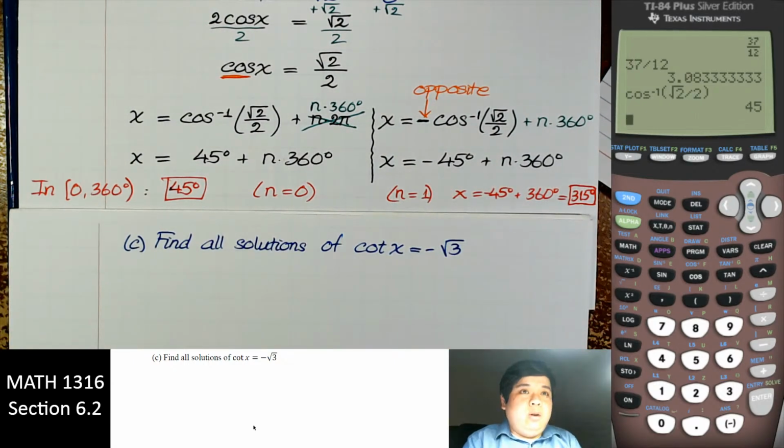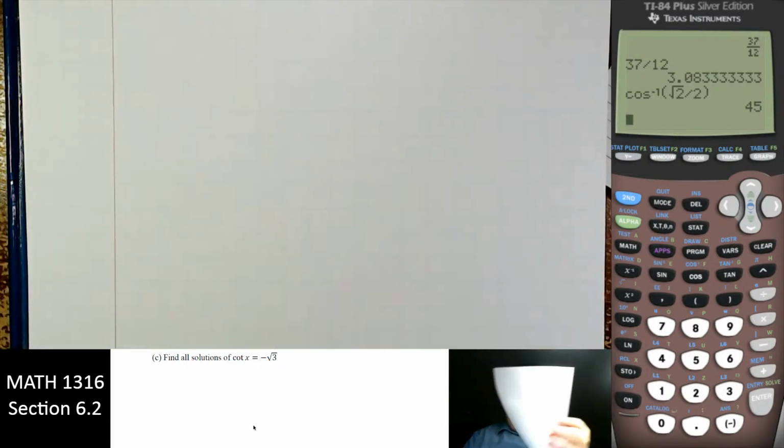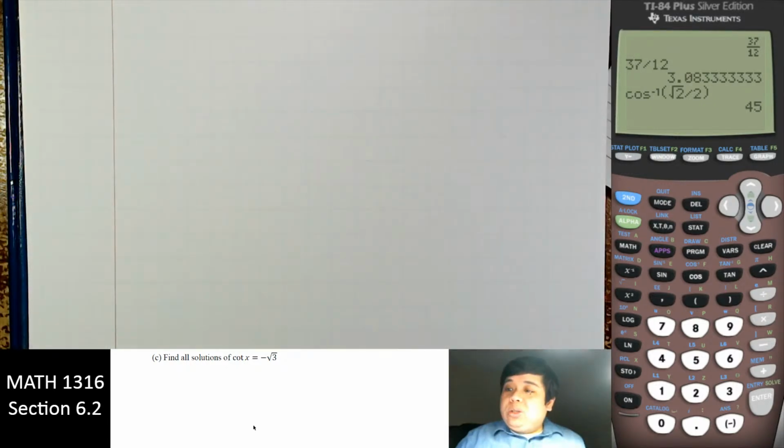Right. So remember, we have equations sine equal to something, cosine equal to something, and tangent equal to something. That's good. What happens when we have cotangent? Or more generally, what happens if we have secant or cosecant? Now this time we have cotangent.